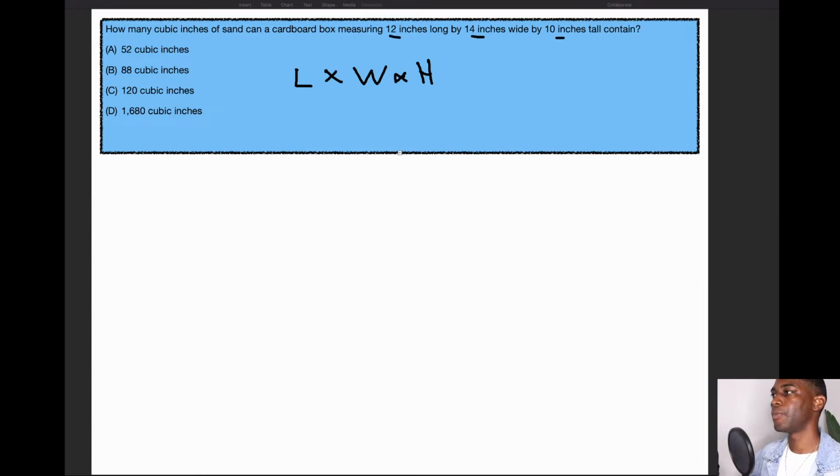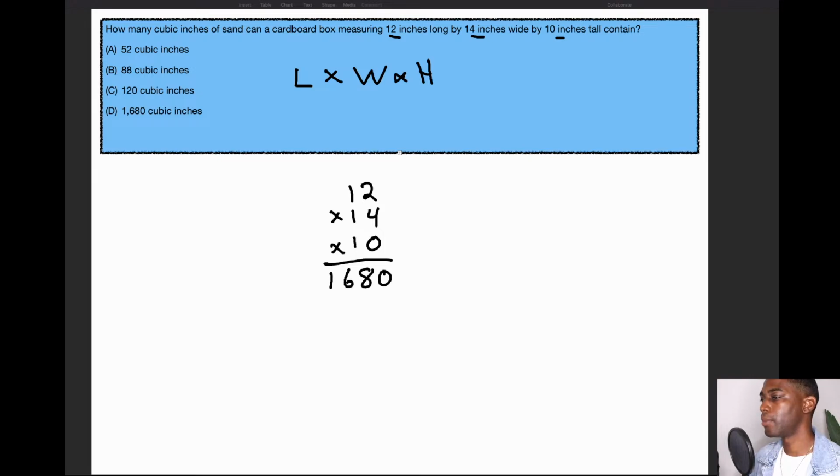We multiplied all those together, and we ended up getting 1,680. I promise you I'm not a genius. We just did this out in the last question. That's how I know the answer. So D would be the correct answer. Bam.